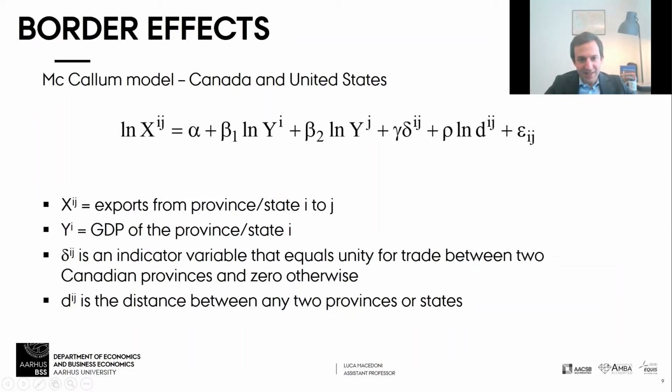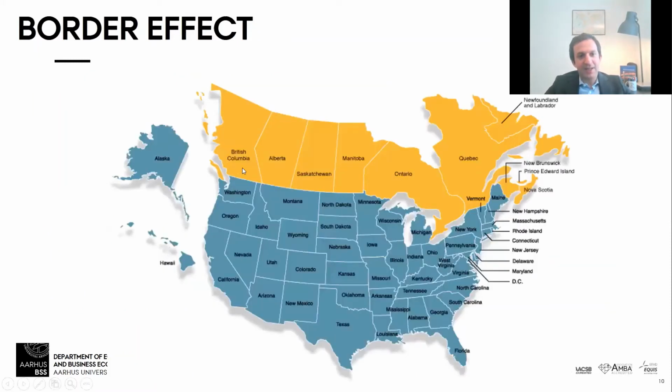So what is the exercise here? Once again, the idea here is we basically want to estimate that gamma by comparing the trade flows that there are between, say, British Columbia and Alberta versus the trade flows between British Columbia and Washington, controlling for the distance and controlling for the size of Alberta, the size of Washington, and the size of British Columbia.